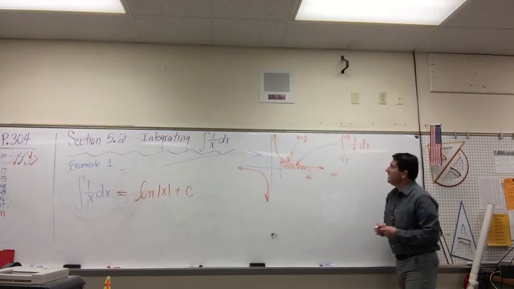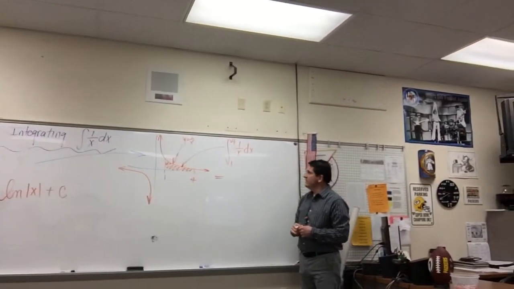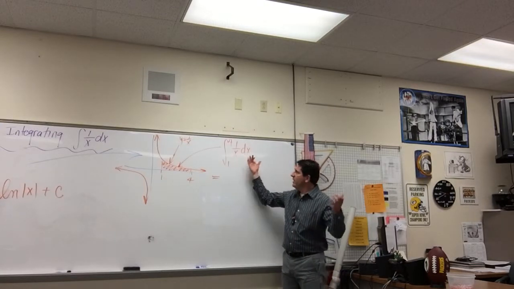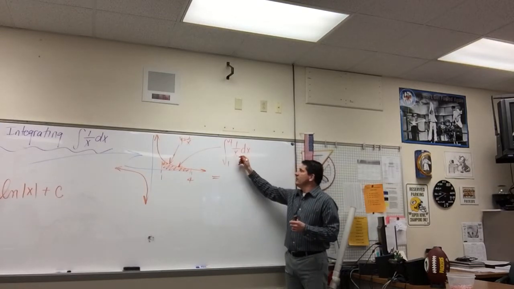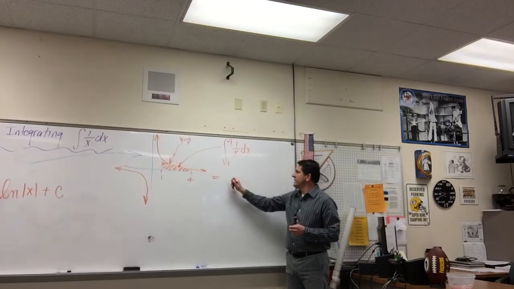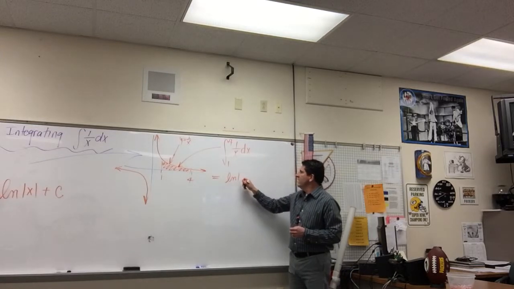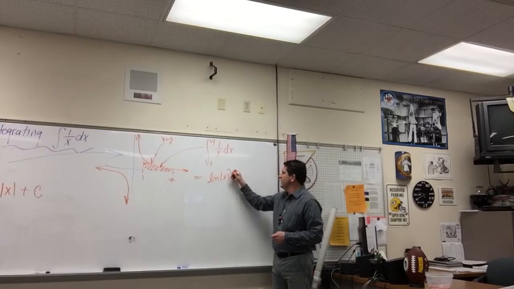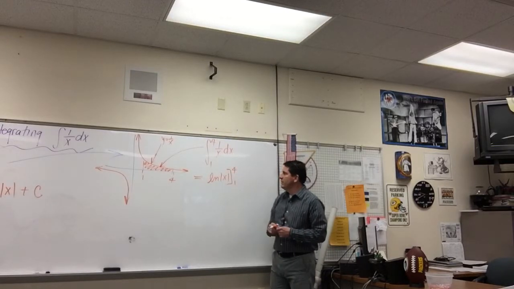Let's see what it gives us. So let's do the fundamental theorem. Integral of 1 over x dx, we just said, is the natural log of the absolute value of x. Now remember, I don't have to put the plus c when I'm doing a definite integral, because they just subtract off anyway. And this is evaluated from 1 to 4.